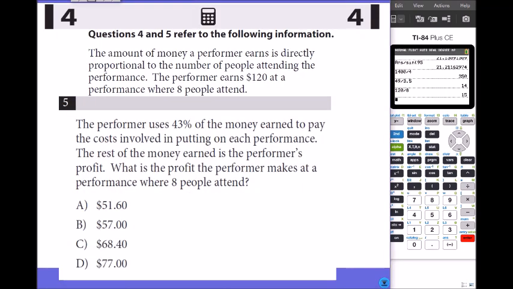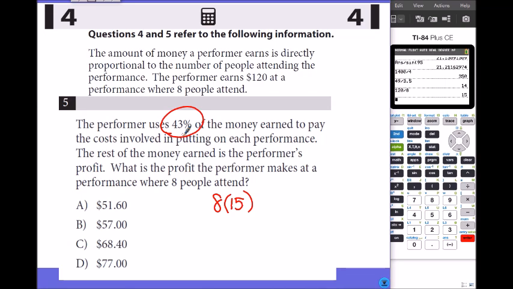So here, the performer uses 43% of the money earned to pay the costs involved in putting on each performance. So that's real life, right? You have to pay for the place, for other instruments, for other staff. So 43% goes out. The rest of the money earned is a performance profit. What is the profit the performer makes at a performance where 8 people attended? So if there are 8 people, so there are 8 people times 15 was the K, but 43% are going out.